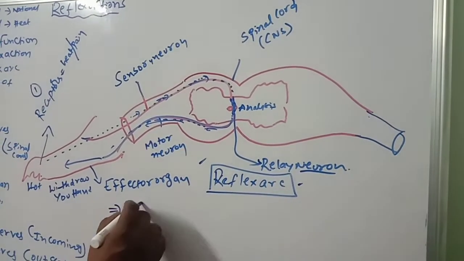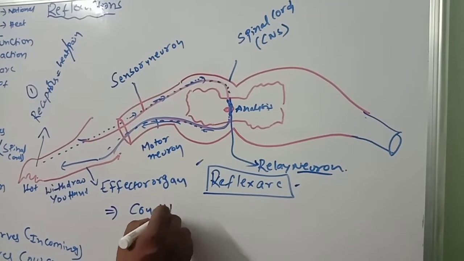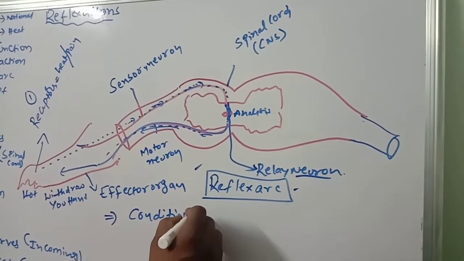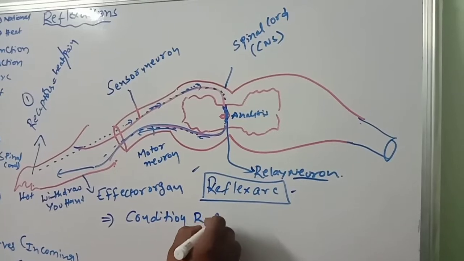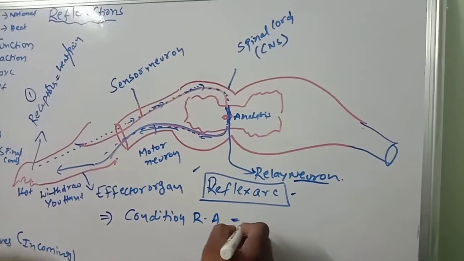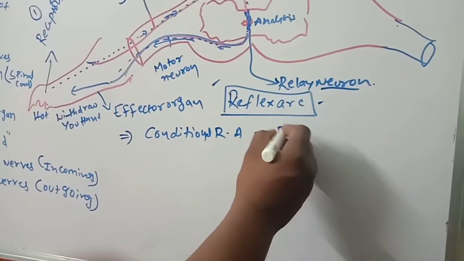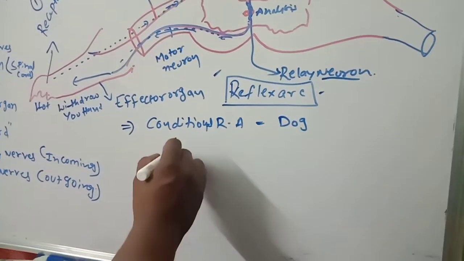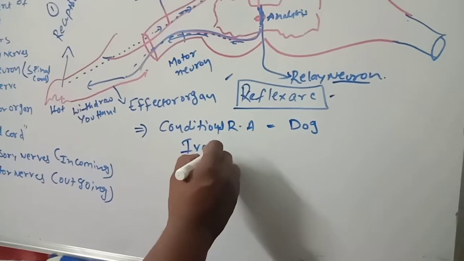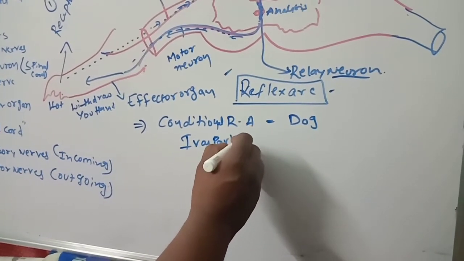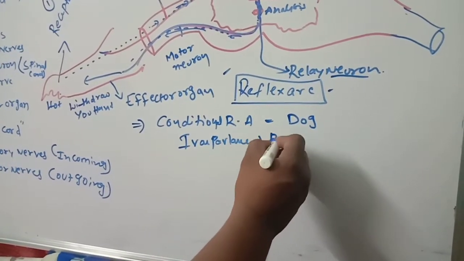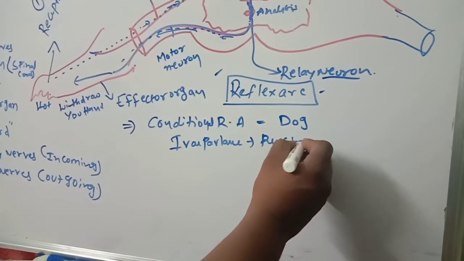Here is one more important example of conditional reflex action. Ivan Pavlov, a Russian scientist, did experiments on dogs.